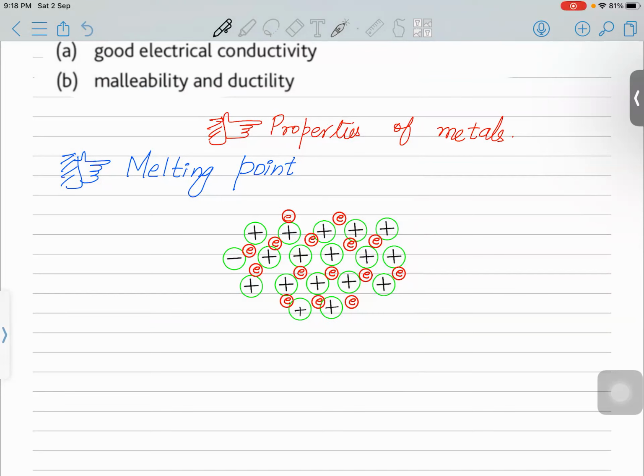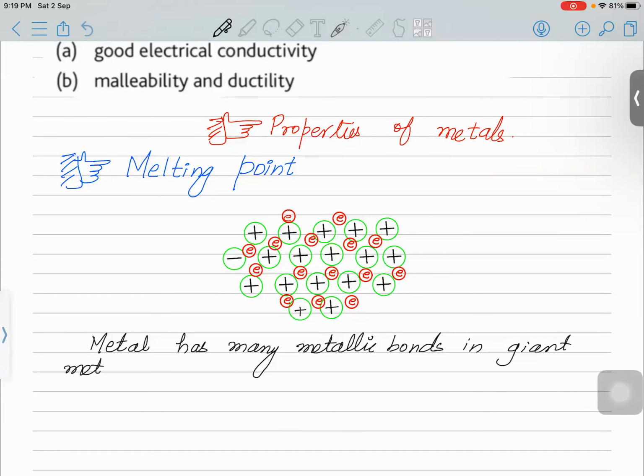So metal has many metallic bonds in a giant metallic lattice structure.